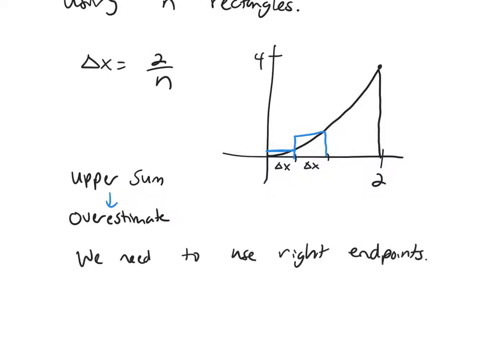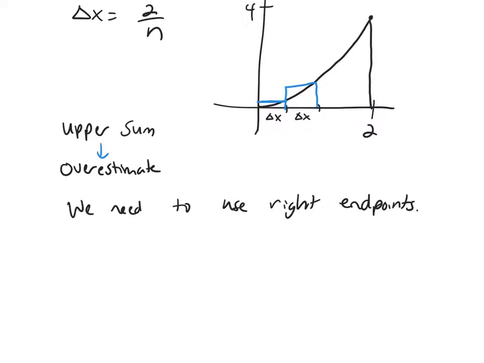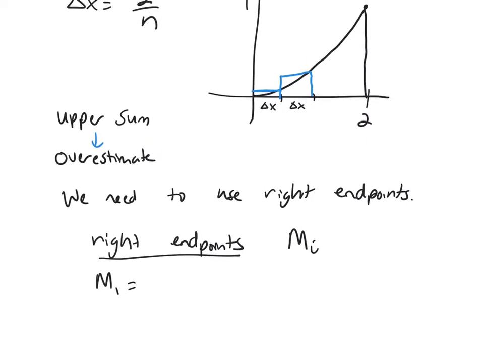So let's use a capital M_i here for the right endpoints. So what's our first right endpoint going to be? M1. I start at my interval, which was 0, and I add delta x to it to get my first right endpoint.